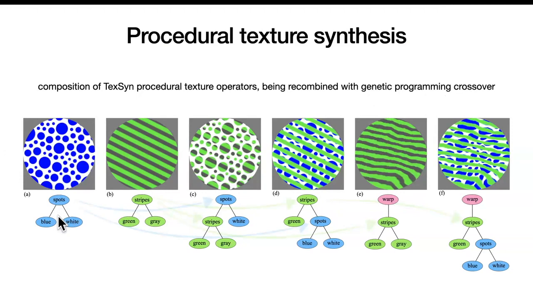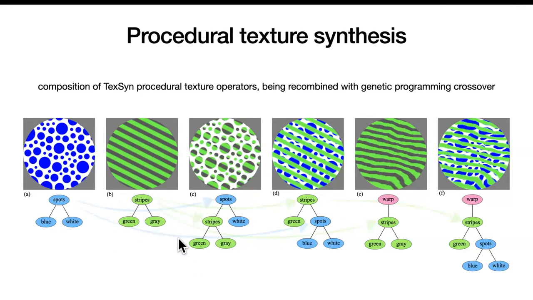There's actually about 50 operators in it, but here are 2 of them. So this is one that creates random spots with lots of parameterization, and is operating on 2 other textures, which are just uniform fields of color. So blue spots on a white field, and here is stripes grading of green and gray.